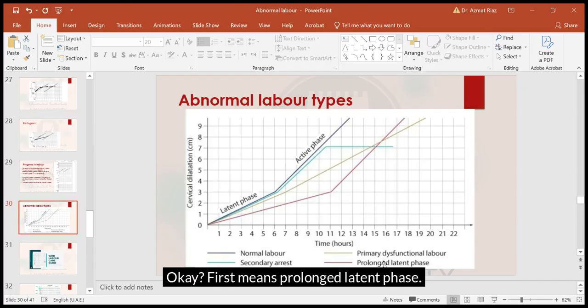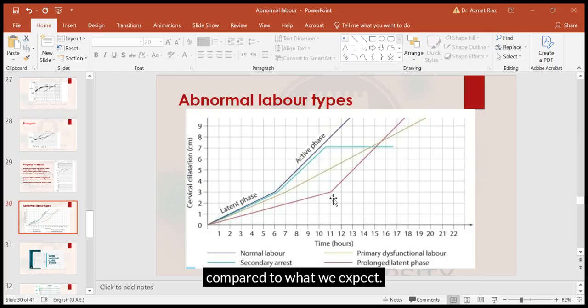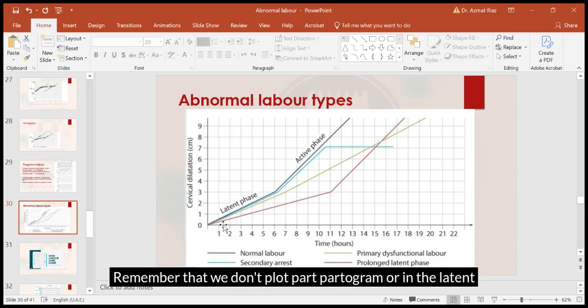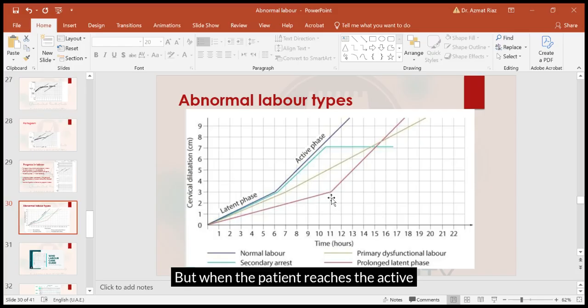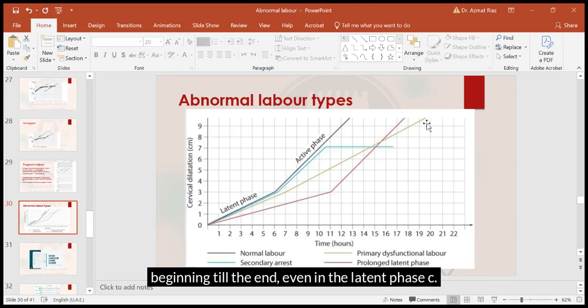First is prolonged latent phase. As the name suggests, the latent phase is very long compared to what we expect. Remember that we don't plot the partogram in the latent phase. So the latent phase is very long, but when the patient reaches the active phase, then it goes normally. The second pattern is primary dysfunctional labor. Primary dysfunctional labor means the labor is slow from the beginning till the end, even in the latent phase.